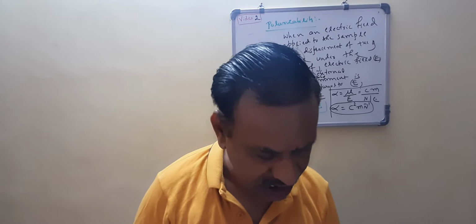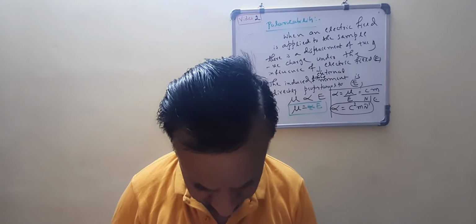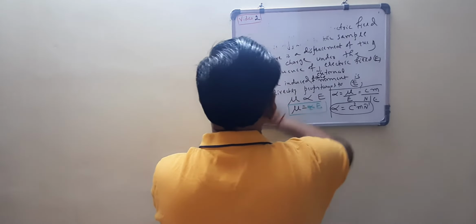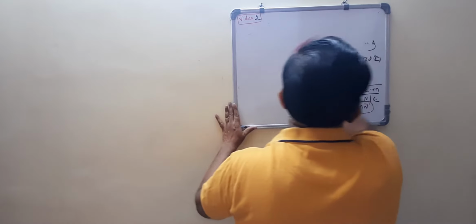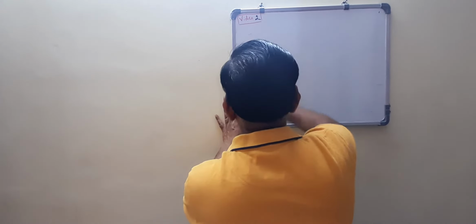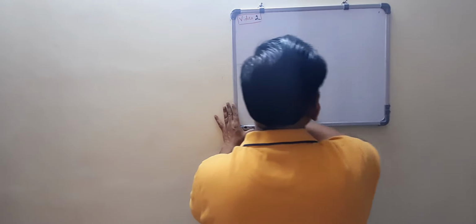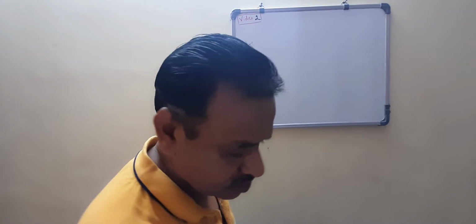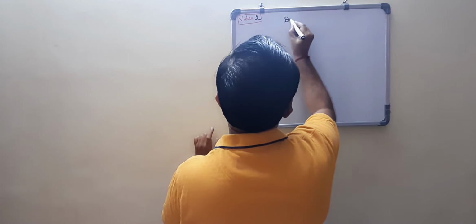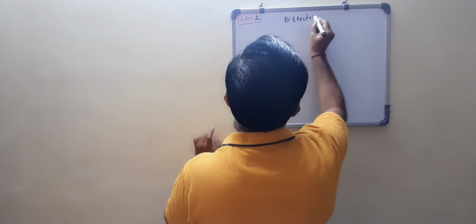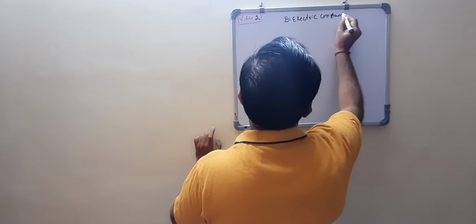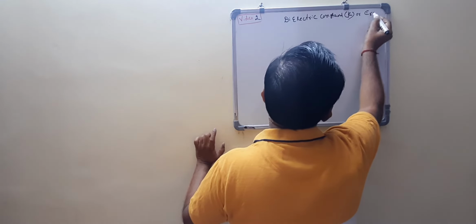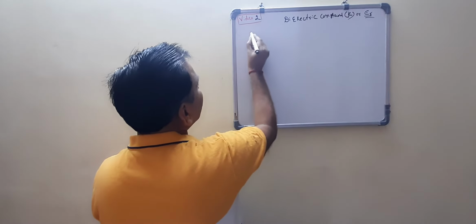Now, next definition is dielectric constant and all that. Okay. What is dielectric constant? Now I will define it. Dielectric constant is K, or in some books they write epsilon r, relative permittivity.